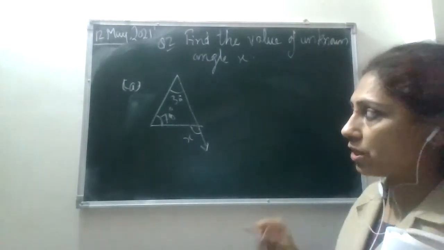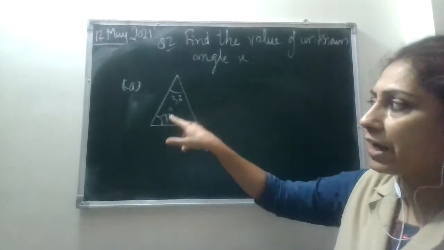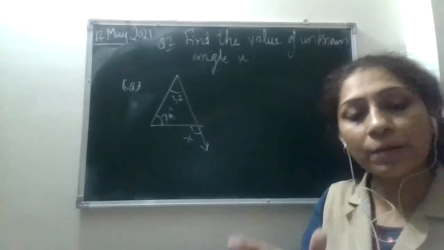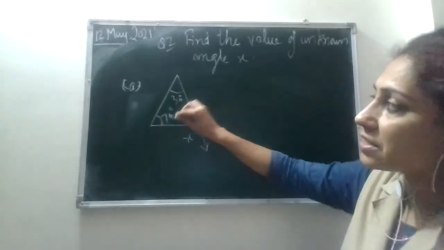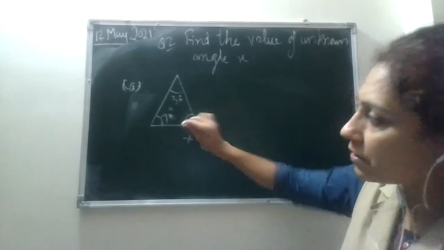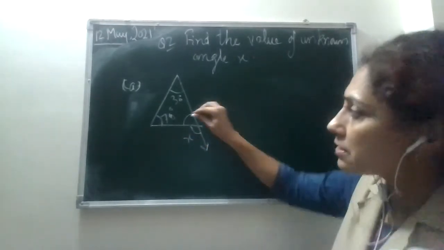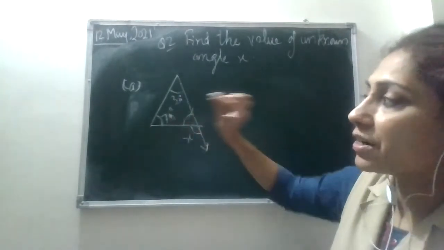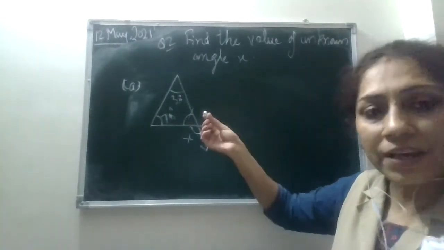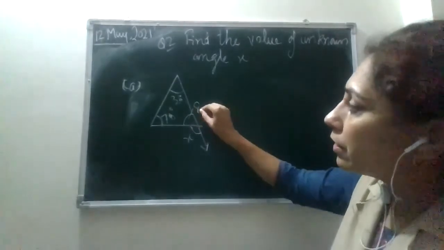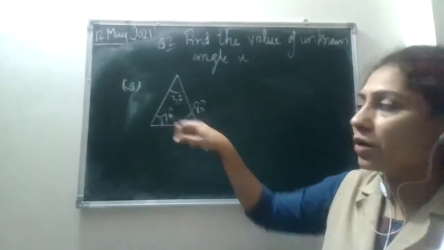For this question, this is a triangle which is given 30 and 70. You know the angle sum property of a triangle. If this is 70 plus 30, what is the measurement of this one? 70 plus 30 is 100, and 80 is lacking to make 180 degrees.